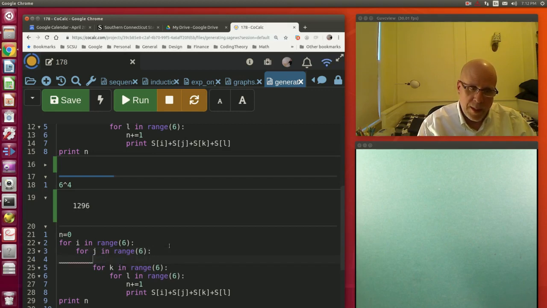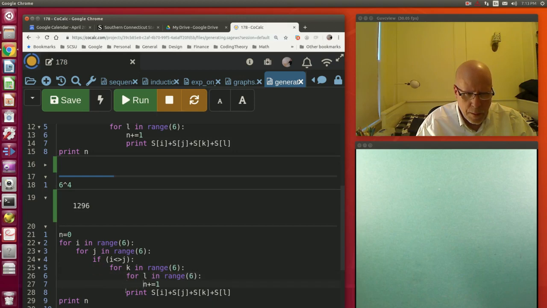So inside of here, I'm only going to do the remaining loops provided j and i are different. And we could make other changes, but this will guarantee that the only thing that's going to get put out is when i and j are different from each other.